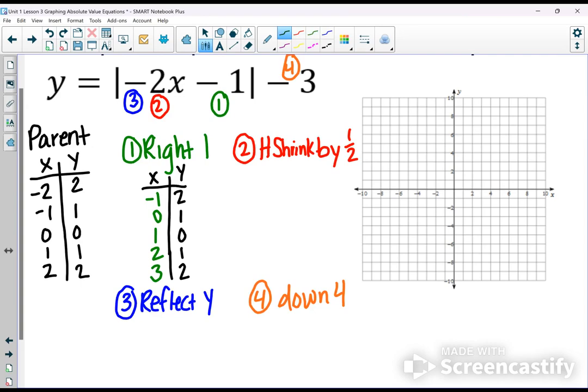In order to shrink by 1/2, I know I have to multiply the X values by 1/2. So I'm actually going to copy everything I'm not changing over before I multiply. Multiply everything by 1/2, that's negative 1/2. Decimals are a little bit easier for me to work with when I'm graphing. So I multiply all of those X values by 1/2, ending up with that new X column.